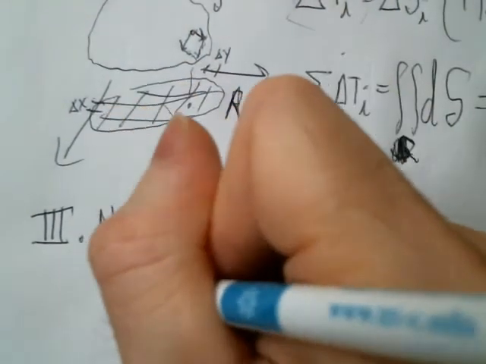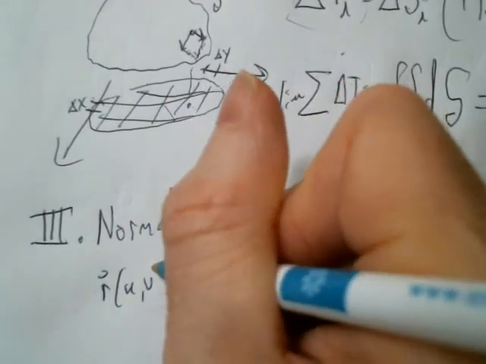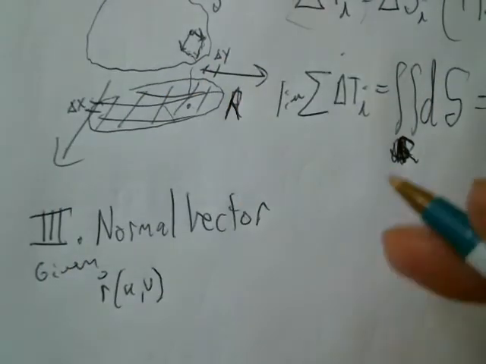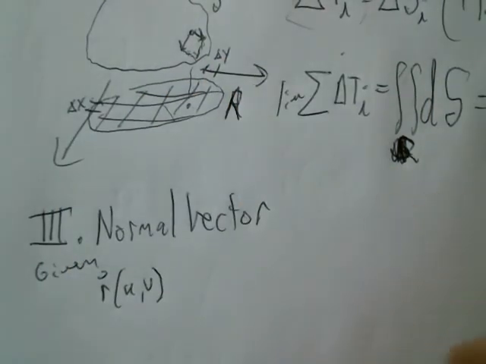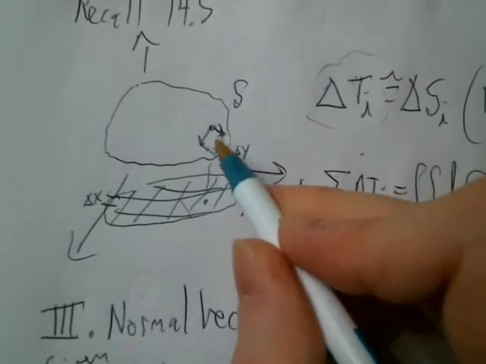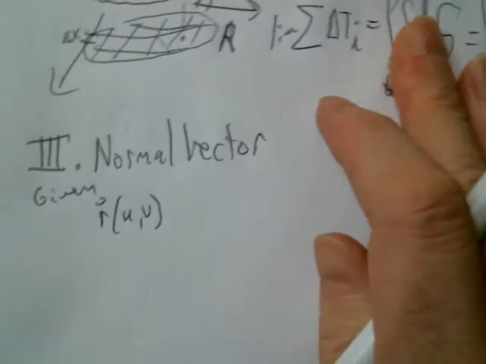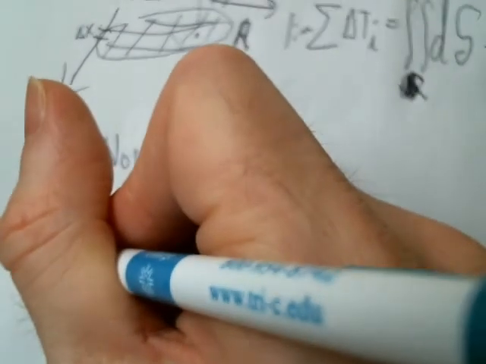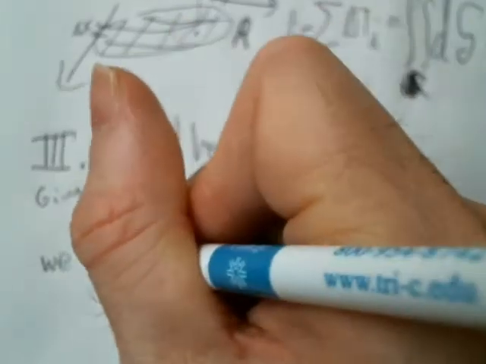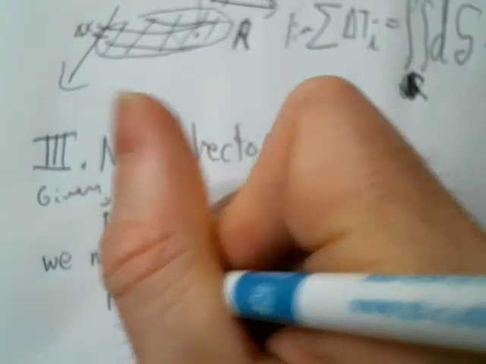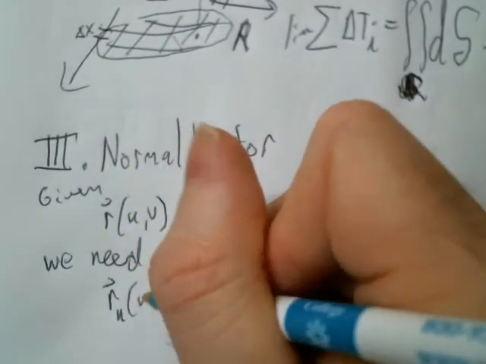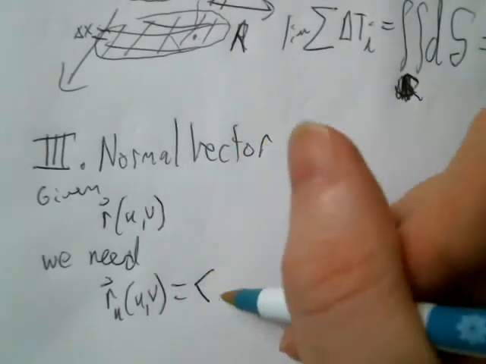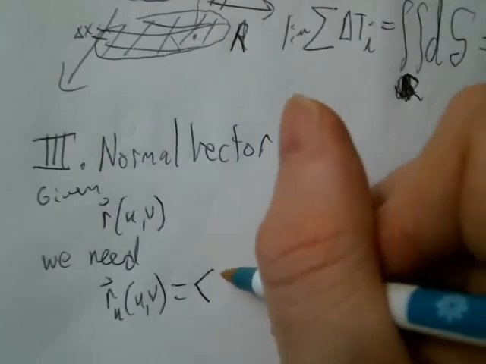We're going to be given, again, this r of u, v. And what we're going to be using to form these vectors, like we did back here, are partial derivatives of r with respect to u and then with respect to v. So we need the partial derivative of r with respect to u, which will just be taking the derivatives of the components with respect to u.